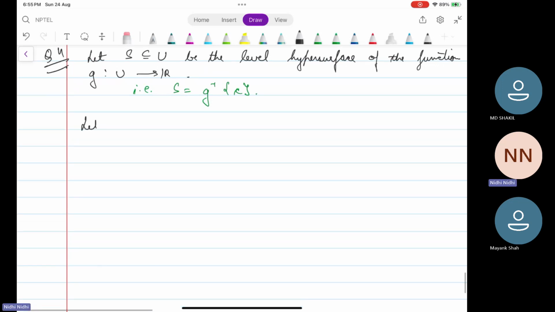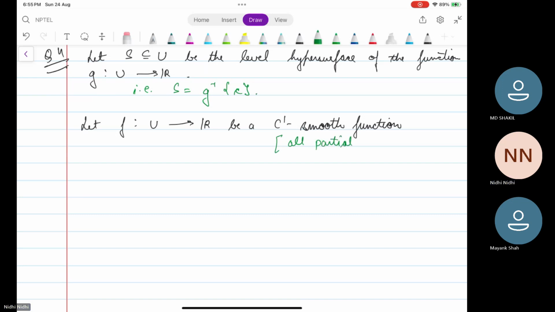Let f from U to R be a C1 smooth function. By C1 smooth we mean all partial derivatives of f exist and are continuous.